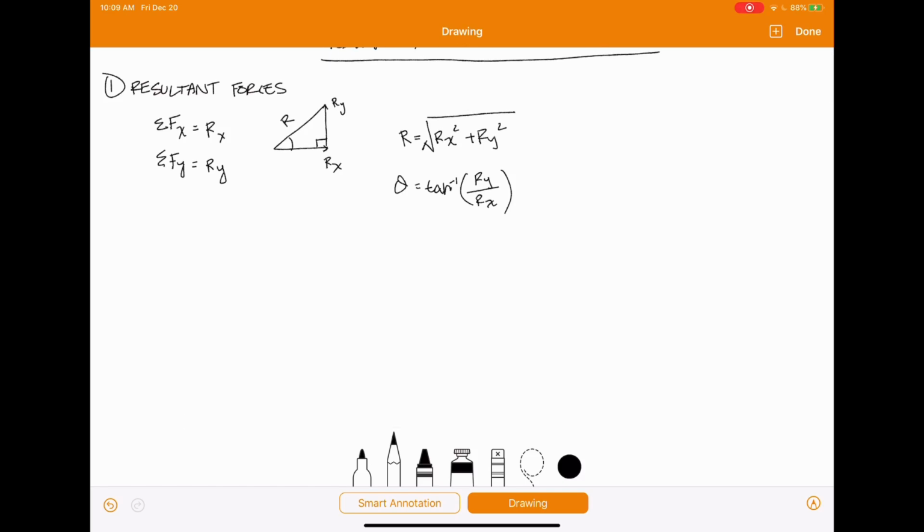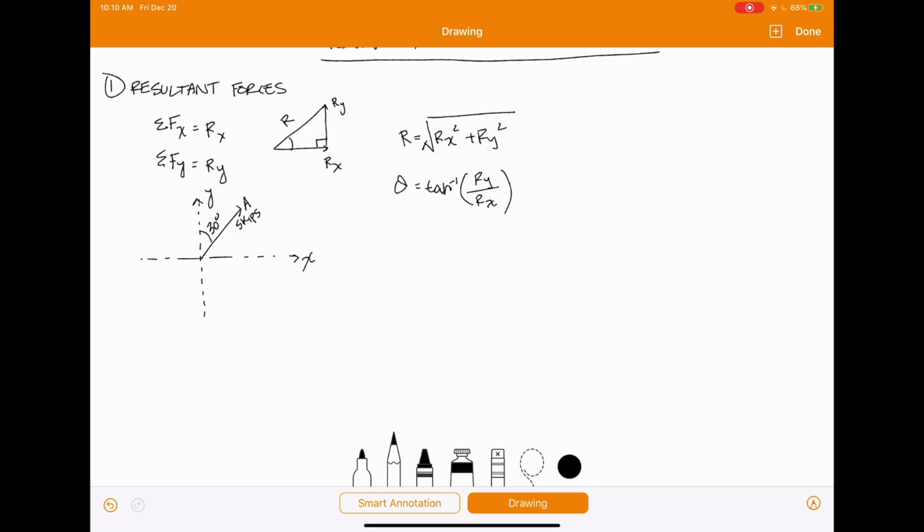If this is our coordinate plane here, it's positive x-axis, positive y-axis, and we've got this force A acting at 30 degrees from the y-axis, and it has a magnitude of 5 kips.